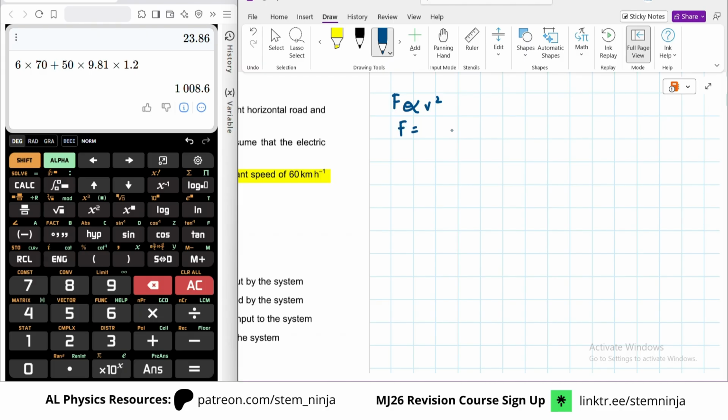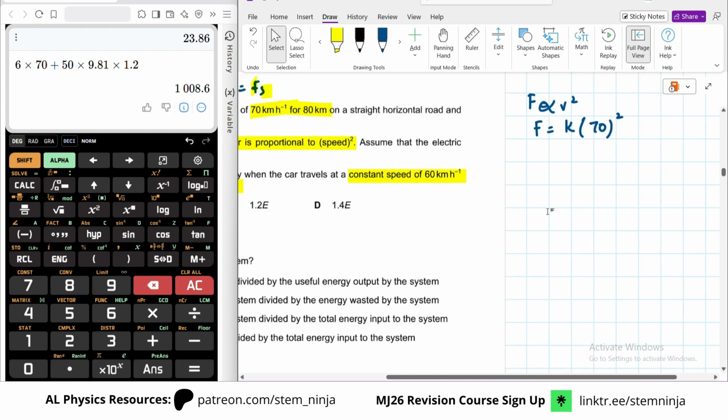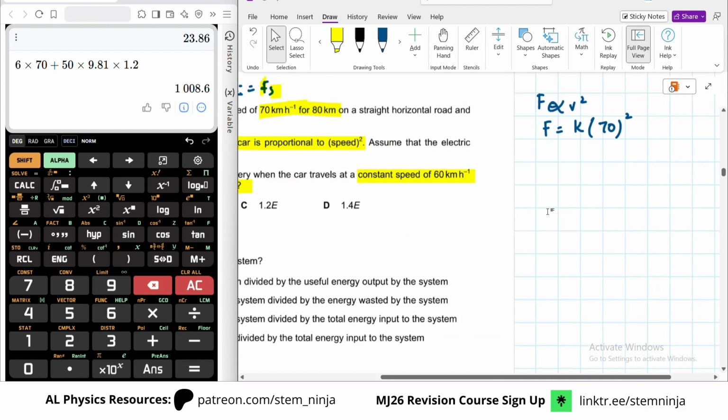So this is some K multiplied by V squared, which is 70 squared. Okay, we can keep it in the form of kilometers per hour. There is absolutely no difference to that. So let's call it F1.